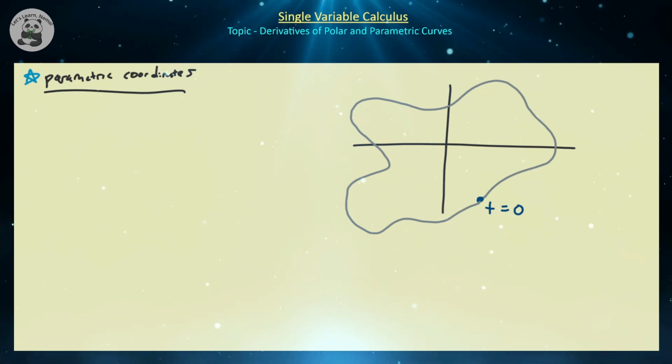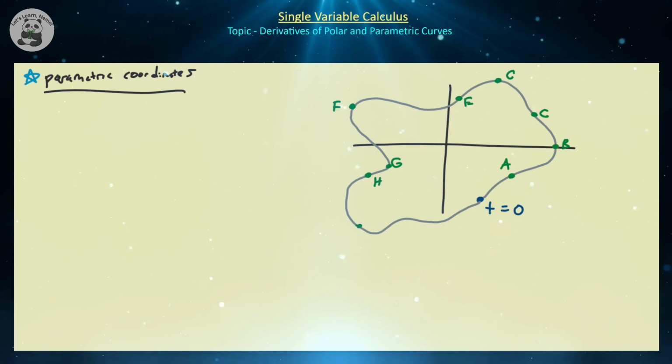So let's assume that this point is point A. Let's assume that this is point B. Let's assume that this point is point C. Let's assume that's point D, point E, point F. Let's choose that as G, H, I, J. And we can choose several other points on this graph to analyze if you want.